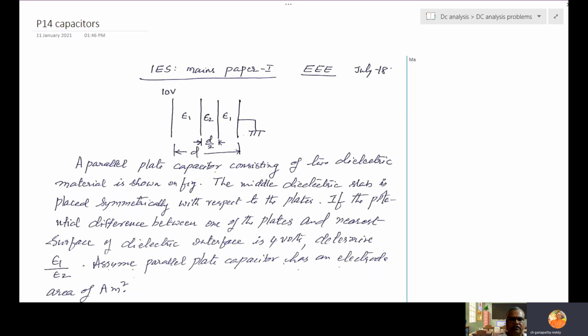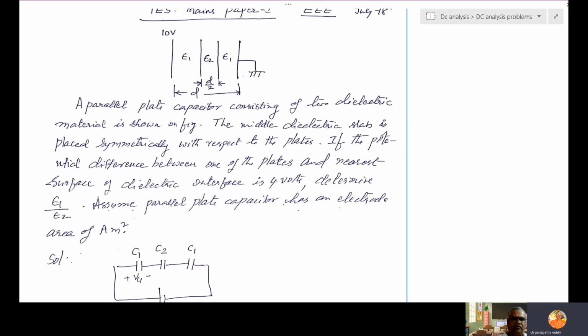A parallel plate capacitor consisting of two dielectric materials is shown in the figure: epsilon 1, epsilon 2, epsilon 1 again. The middle dielectric slab is placed symmetrically with respect to the plates.